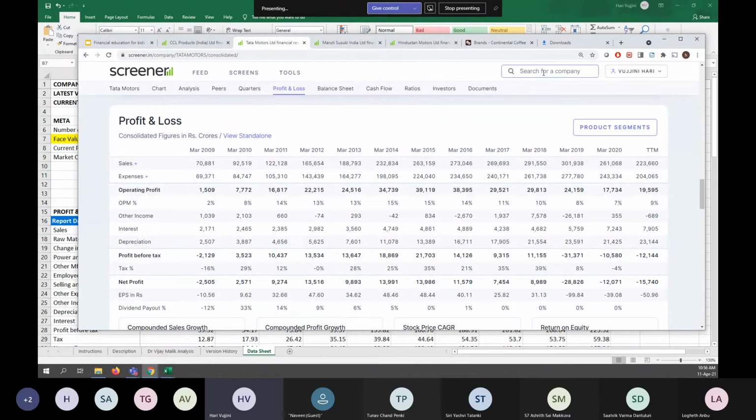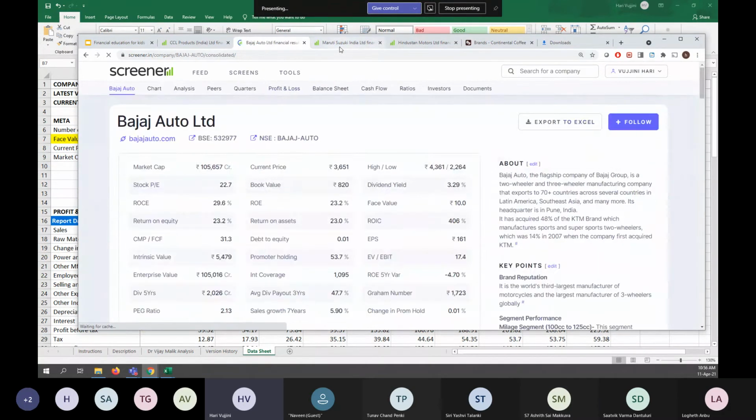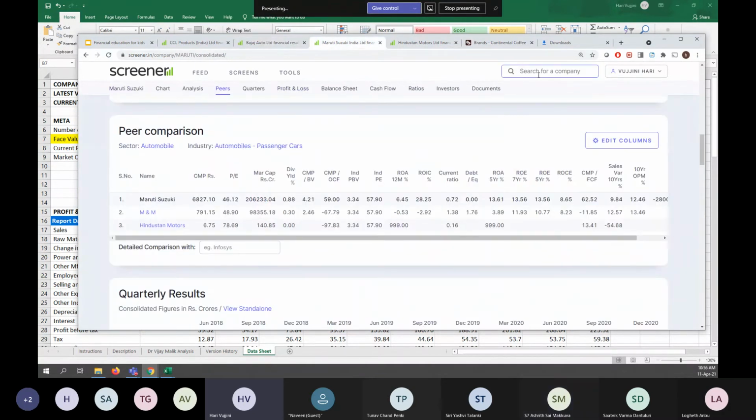You know the Bajaj Auto, right? A two-wheeler company. Let's look at Bajaj Auto versus any other two-wheeler company.